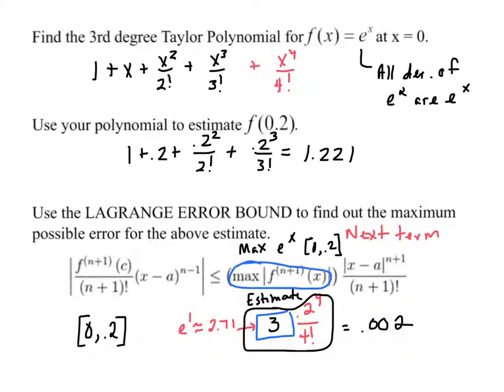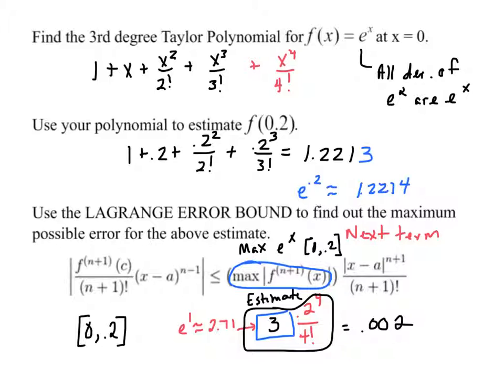Now, the actual value of e to the 0.2 approximately is 1.2214. And if I went one more decimal out, this was 3. So you'll see I'm even closer than the error bound said because I'm correct to three decimal places, right? And this said that would be the bound.